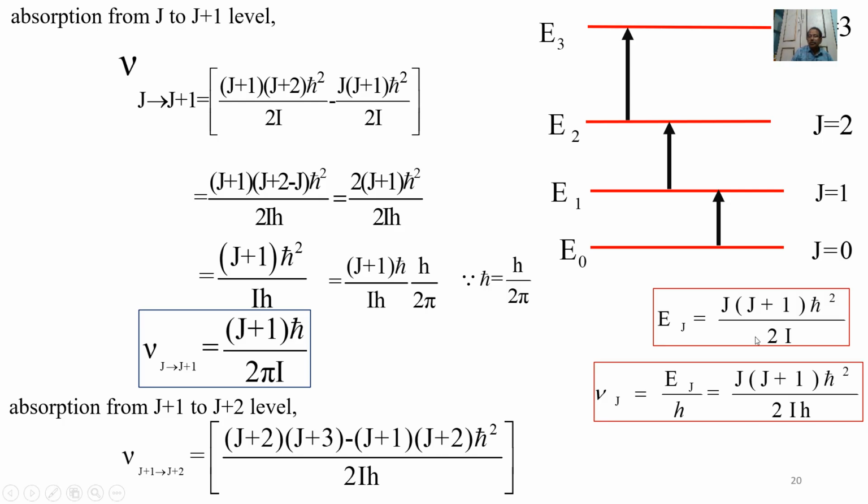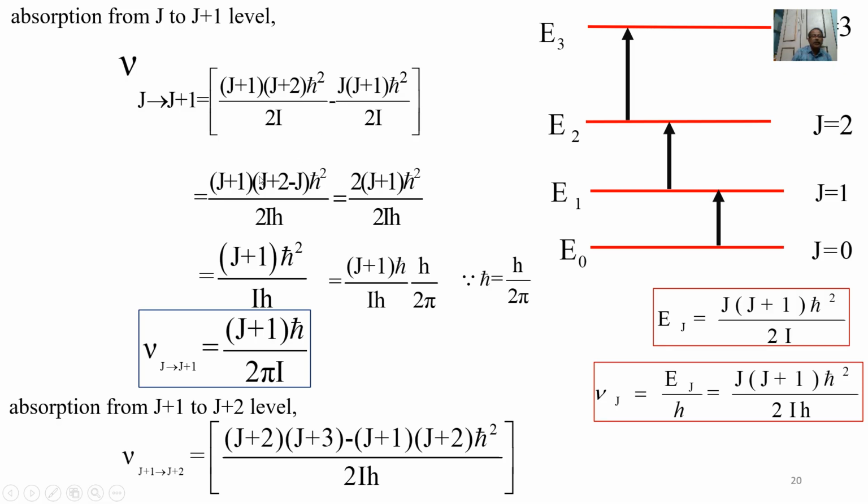We substitute here. Instead of J, you'll have to go with J plus 1. So J plus 1 becomes J plus 2. So J plus 1 multiplied by J plus 2, h bar square divided by 2I, minus this is the Jth level, so J into J plus 1, h bar square divided by 2I. Just take the common term out. So J plus 1, taking the common term, and here it is J plus 2, here it is minus J times h bar square.